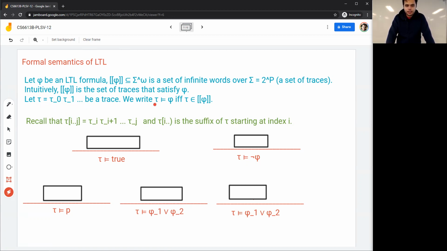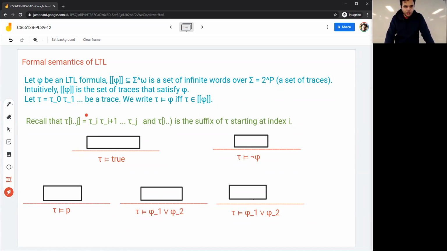And I say that tau satisfies a formula phi if and only if tau is in the semantics of phi. So instead of defining this, I can just define this relation: basically when an infinite trace satisfies a formula.